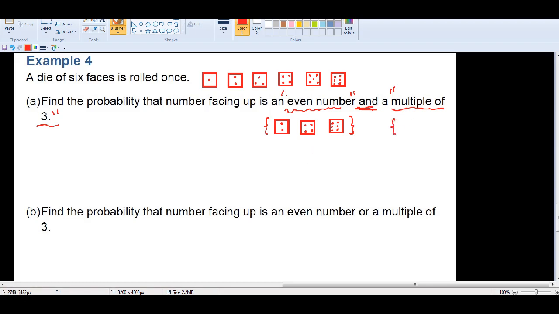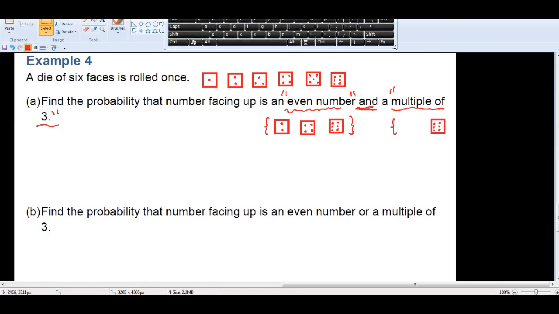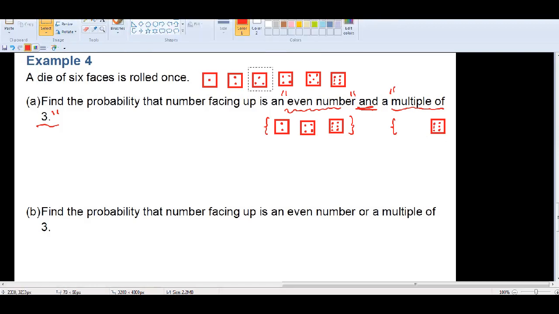Okay, so 6 is one of them, and also 3. Okay, so 3 is also one of these. Alright, so we got 3, we got 6, and you need to find that the number is an even number and a multiple of 3.